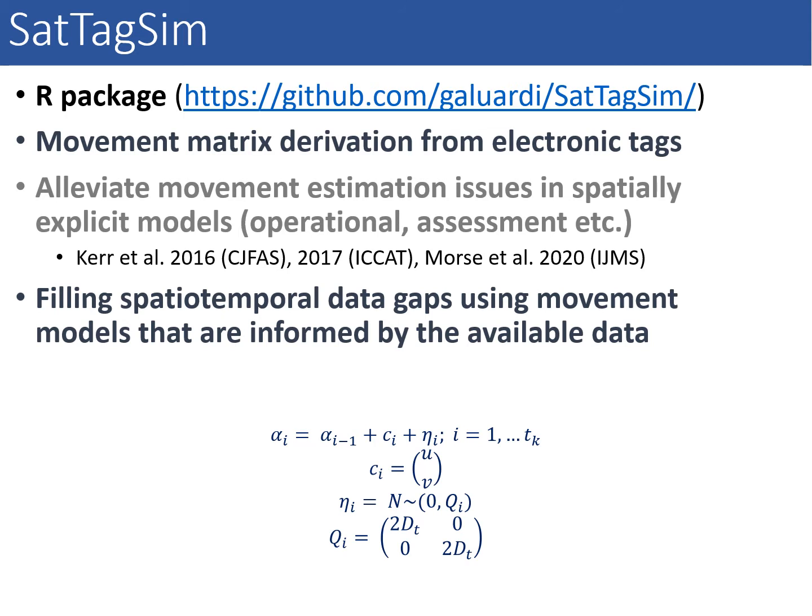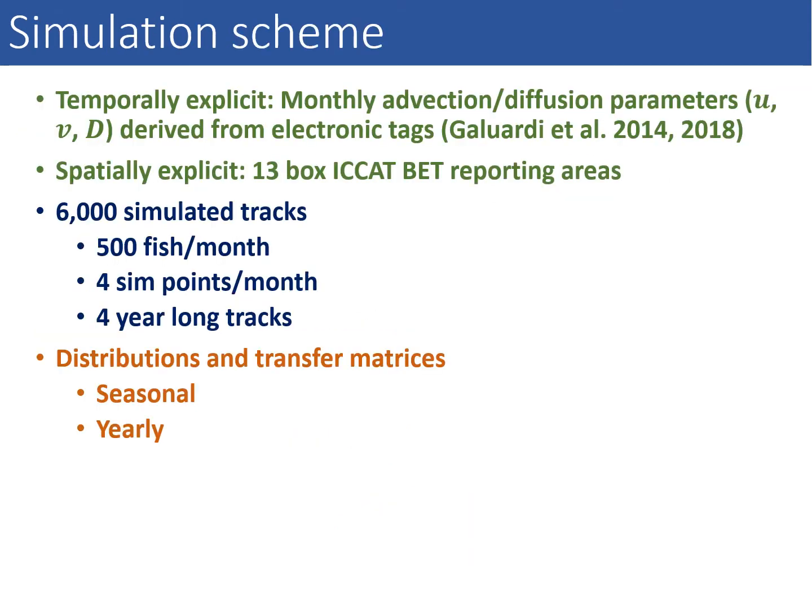The simulations themselves are done from a random walk framework, which is parameterized by advection and diffusion parameters, these U's, V's, and D's that you see in the equations. The simulation scheme is both temporally explicit and spatially explicit.